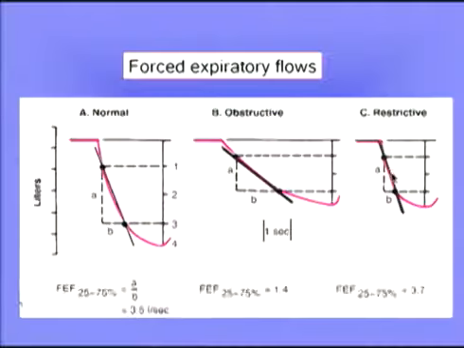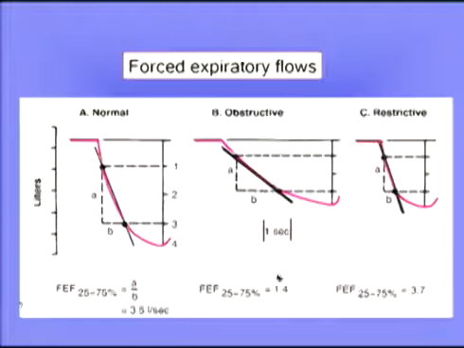We can also see that if we look at the forced expiratory flows. You recall this is the average flow rate during the middle of the expired volume. You mark off the middle of the volume and you calculate the flow rate. And you can see that in the normal subject here, the flow rate was 3.5 liters per second.